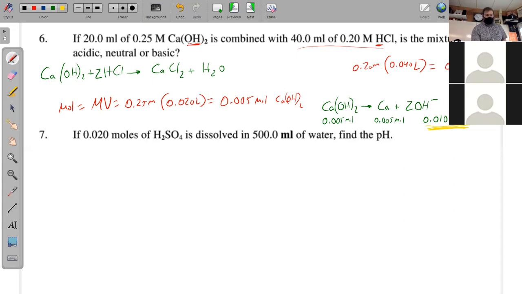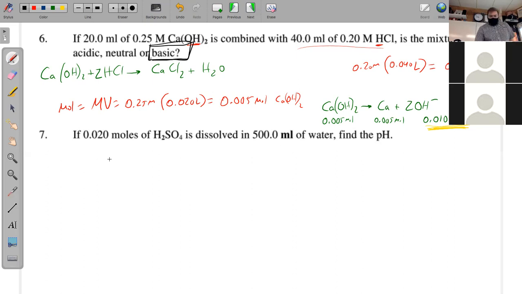So the final solution is not neutral, but it's basic. If you were to take that quantity of calcium hydroxide and this quantity of HCl, mix them together with some phenolphthalein, it's still going to be pink. The pink color indicates a base with phenolphthalein. So that one's a little bit more complex, but that's the way that goes.